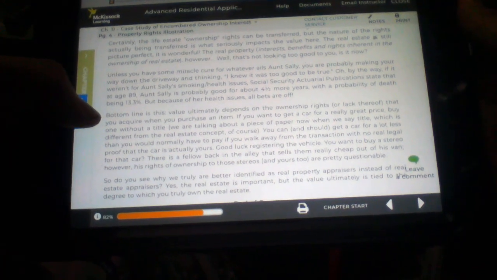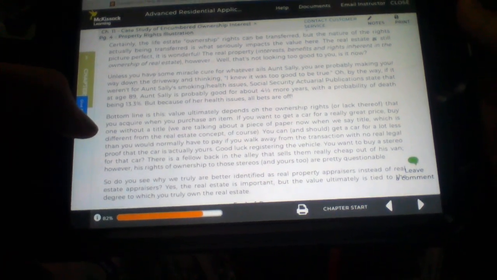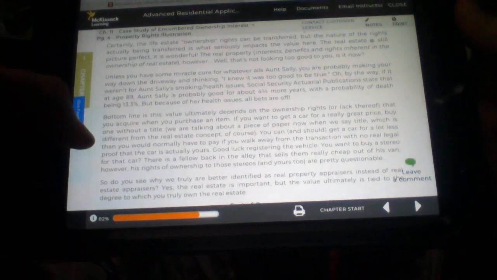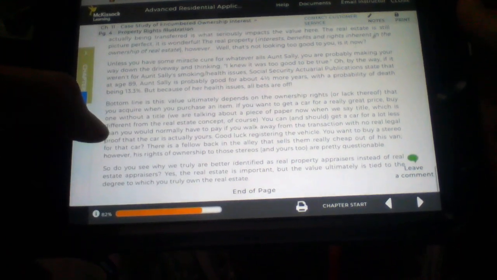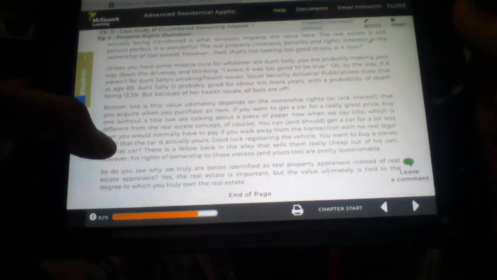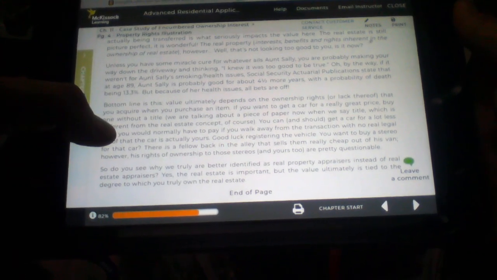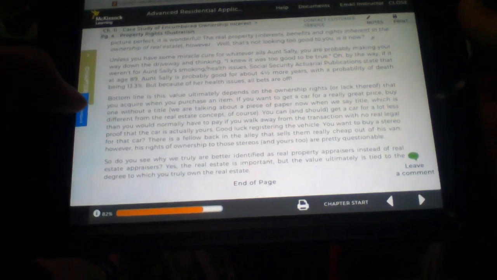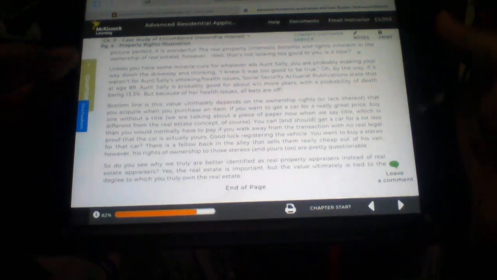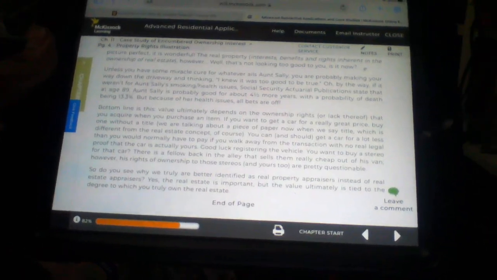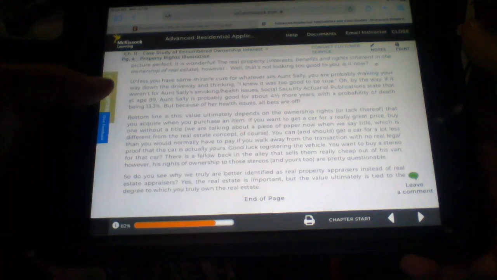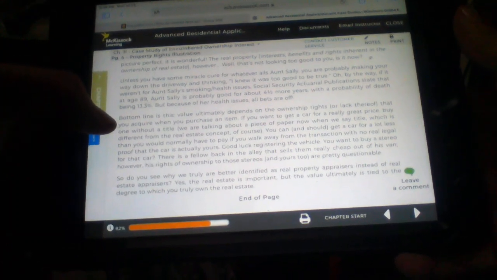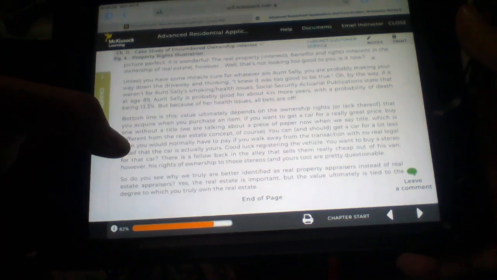Certainly the life estate ownership rights can be transferred, but the nature of the rights actually being transferred is what seriously impacts the value here. The real estate is still picture perfect. It is wonderful. The real property, the interests, benefits, and rights inherent in the ownership of real estate, however, well, that's not looking too good to you, is it now?